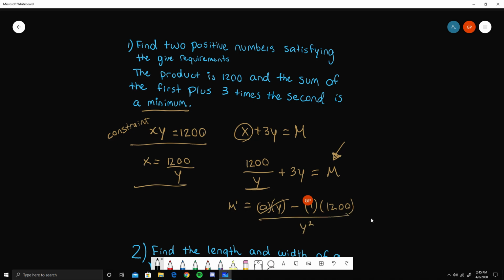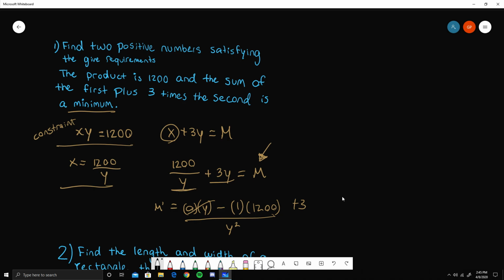And then the derivative of 3y is just 3. So now I know that M prime is equal to negative 1200 over y squared plus 3. So now to find the critical values, I need to set this equal to 0.